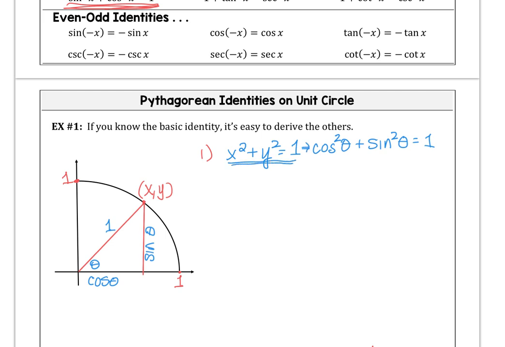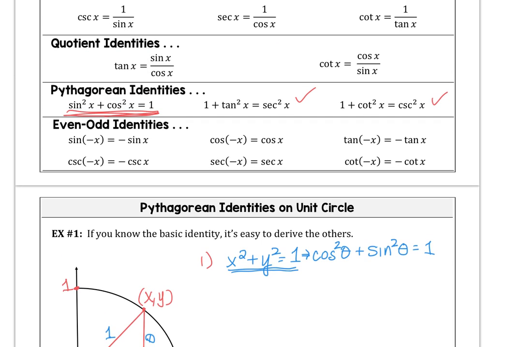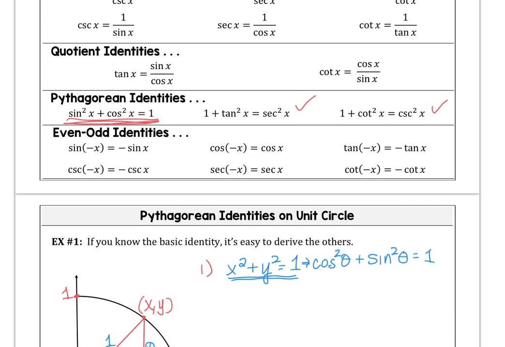This is our standard equation for a circle centered at the origin with radius 1, and that gives us that basic identity back here.